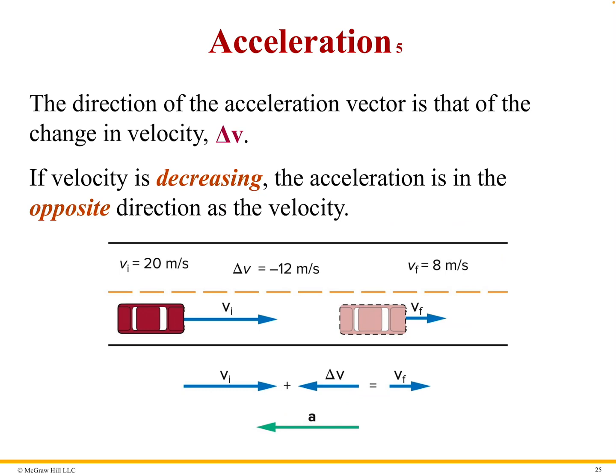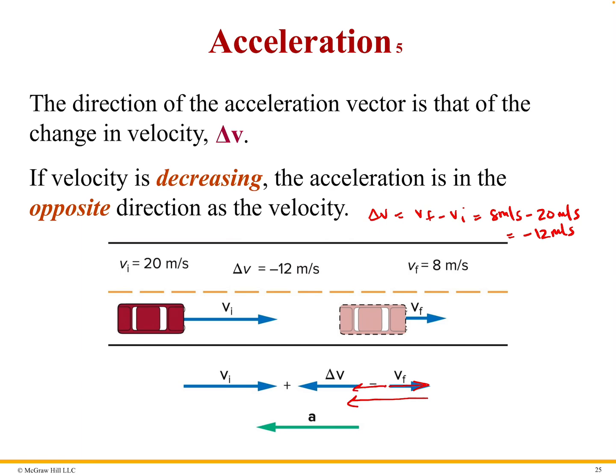This is showing, what if you were originally going 20 and then you slowed down to 8? It's still final minus initial. So you have 8 minus 20, which gives you negative 12 meters per second. So initially you're going, you have final minus the initial, like that.